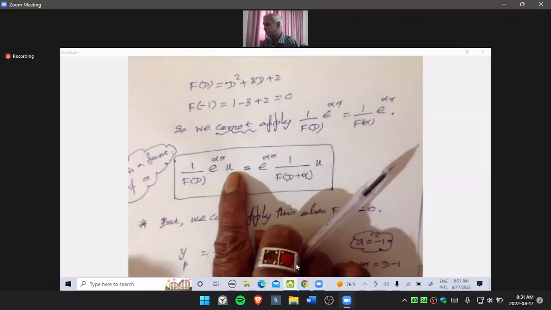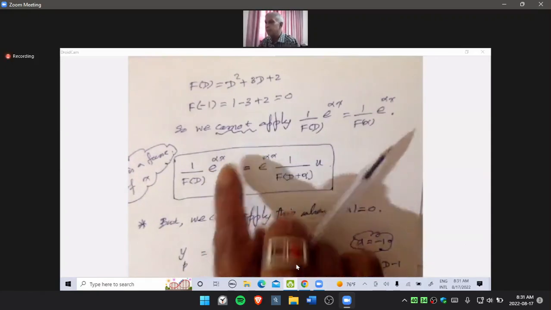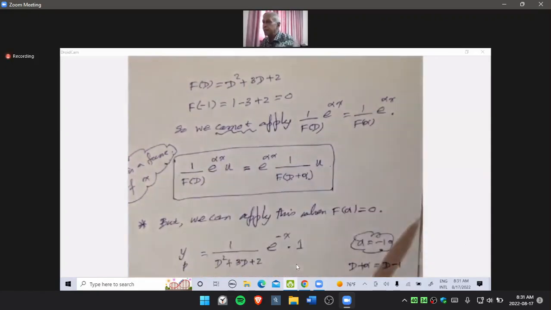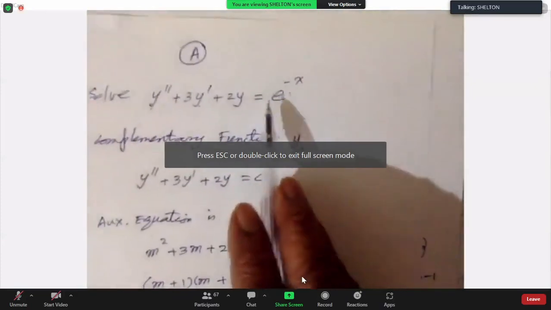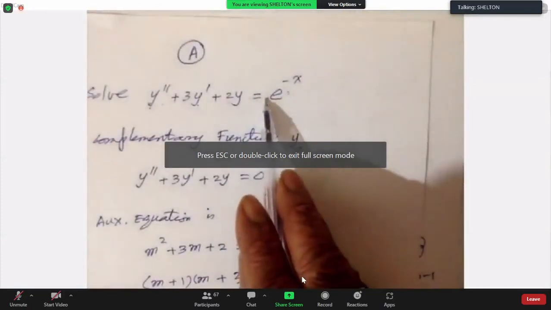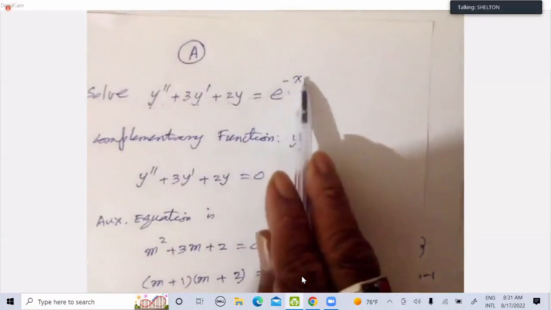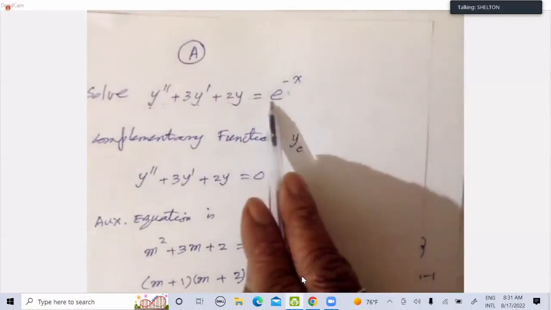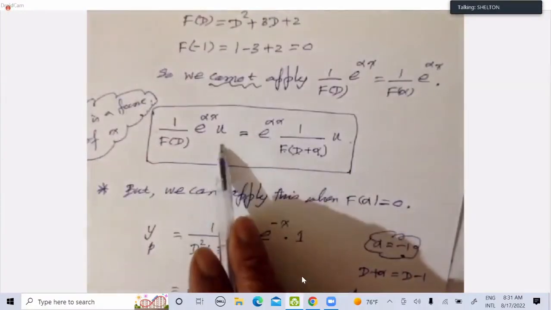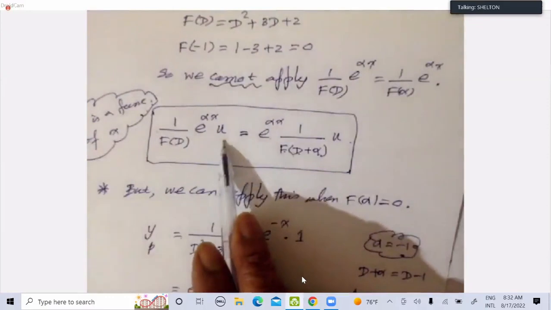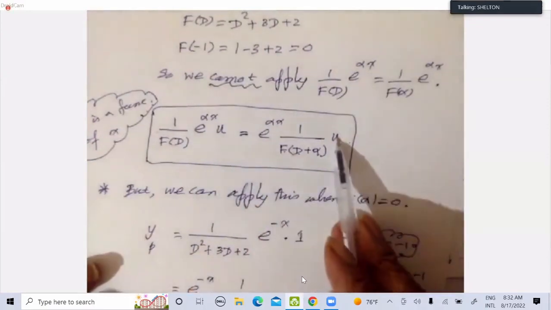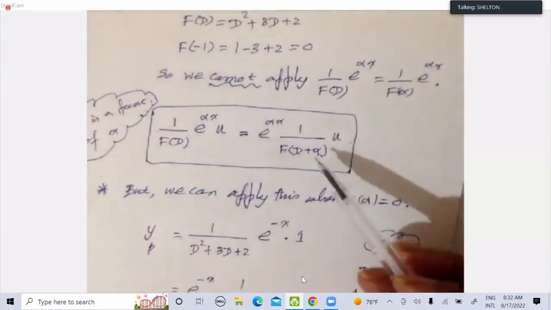So you can have not only e to the alpha x. Even in our e to the minus x, if I had something like x cubed e to the minus x, I could still use this formula. U is x cubed. Now look at what happened.